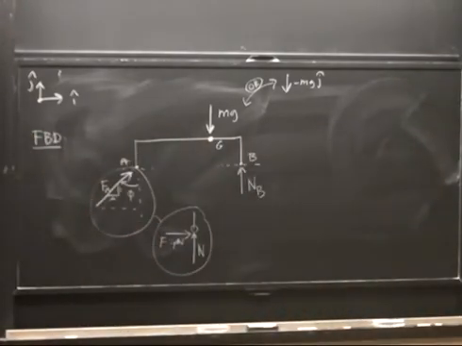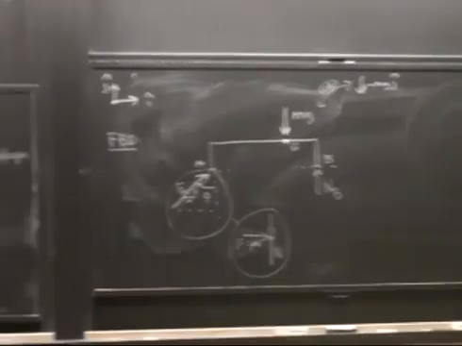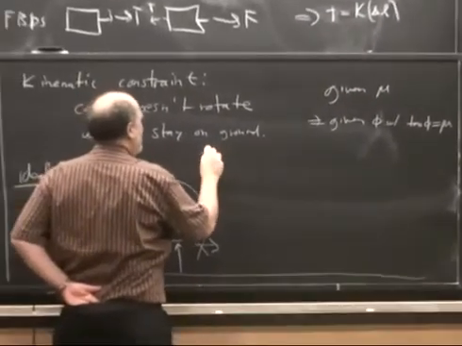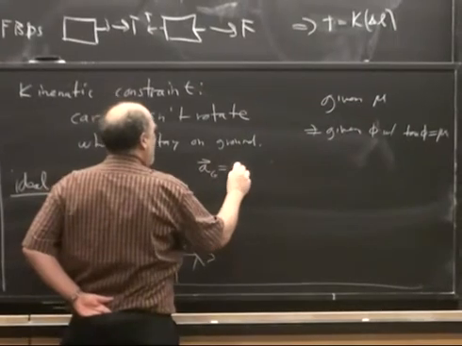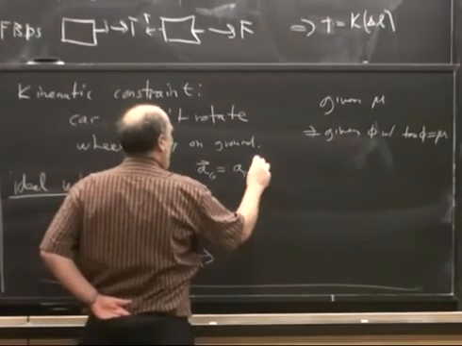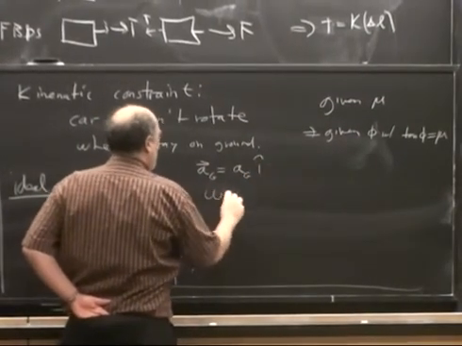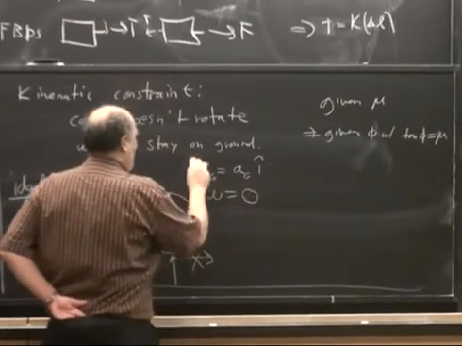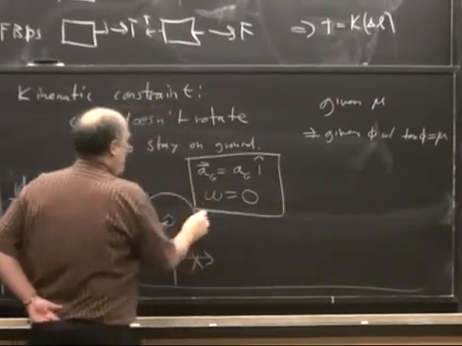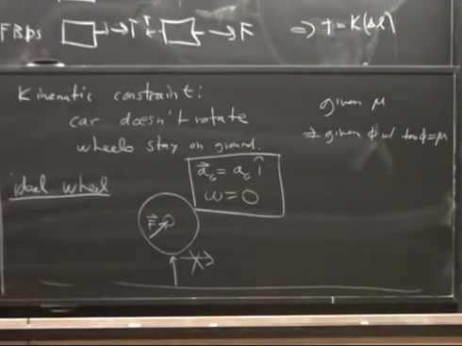Where do we have the kinematic assumption? This kinematic assumption is that the acceleration of this point G is equal to A_G, and we also have implicitly here that the angular velocity is 0. So here we use our kinematic assumption. The wheels stay on the ground, the car is rigid.